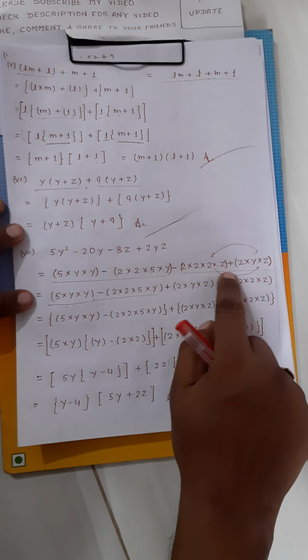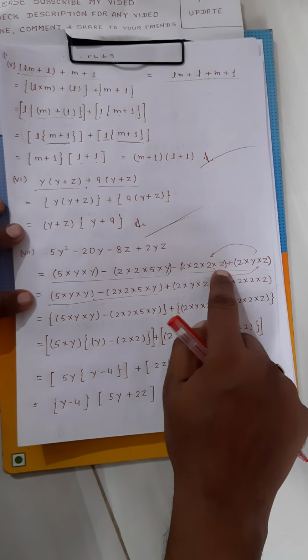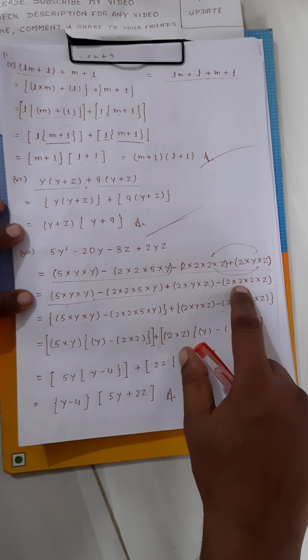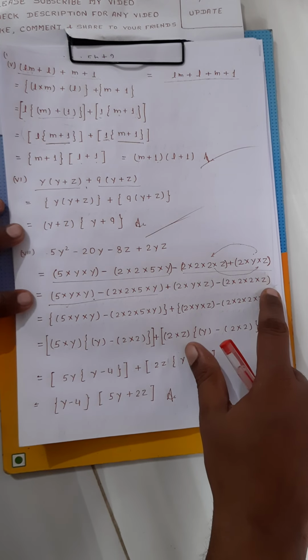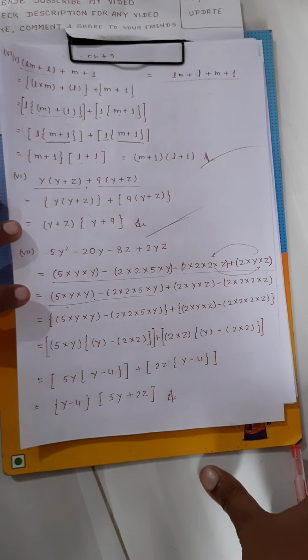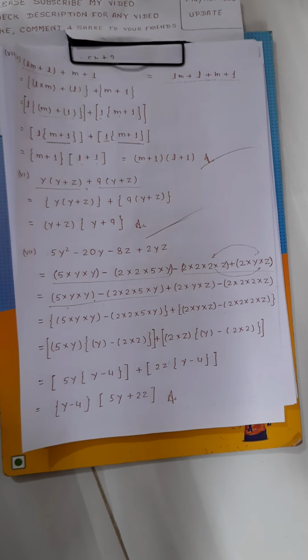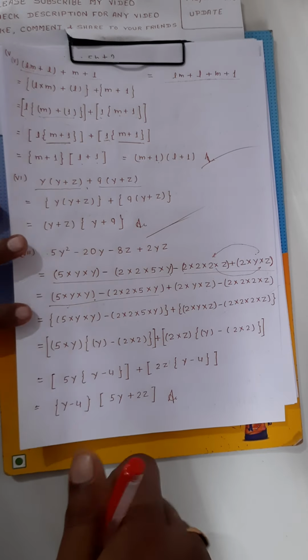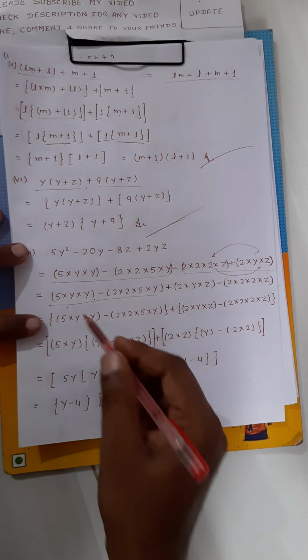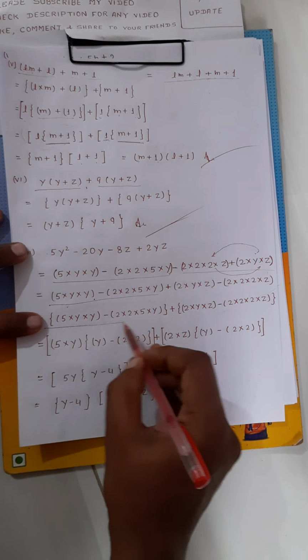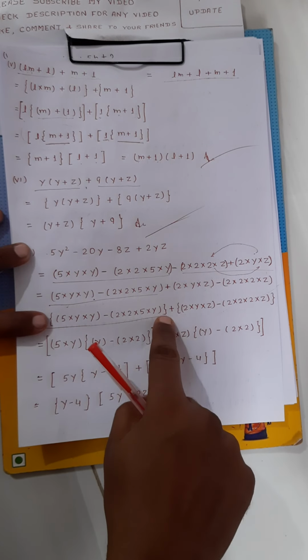Okay, and this we will take as the second term, minus 2 into 2 into 2 into z. Okay, now y minus 2z can be formed.